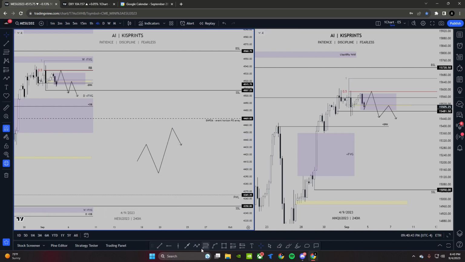Obviously, we can have overlapping PD arrays, for example, an order block right here with a fair value gap right here, or maybe it can even be an inverse fair value gap right here, tapping into that. But all in all, we have 3 steps, right? And that is my checklist.